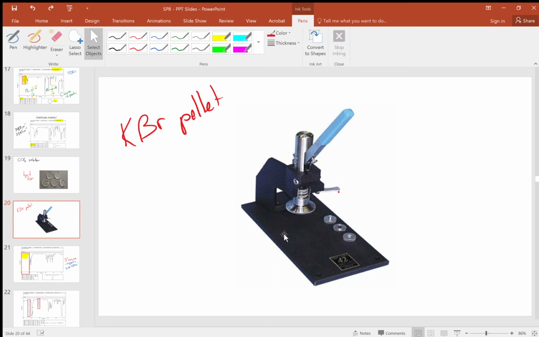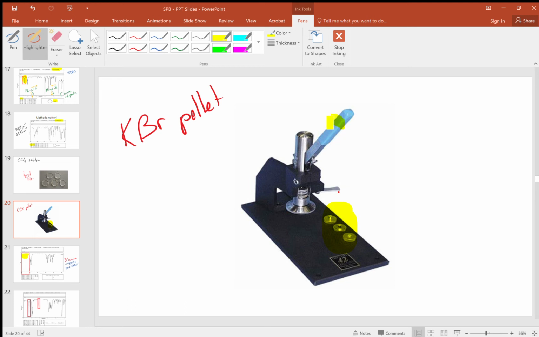Because what a KBr pellet involves is, you can see these 3 things down here. So one of these, you screw one inside the other, and then inside there you put a small amount of your compound mixed with potassium bromide. Then there's another screw that you then screw in on top.